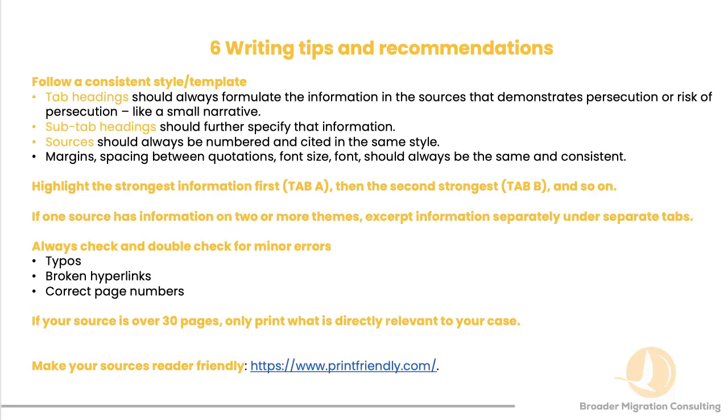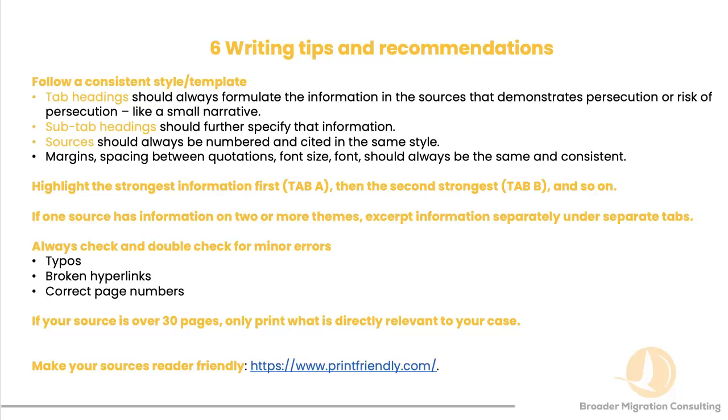Tab heading should always formulate the information in the sources that demonstrates persecution or risk of persecution. It should almost read like a small story or a narrative. Subtabs or subheadings should further specify that information. Sources should always be cited in the same style. Margins, spacing between quotations, font size, font should always be the same and consistent.